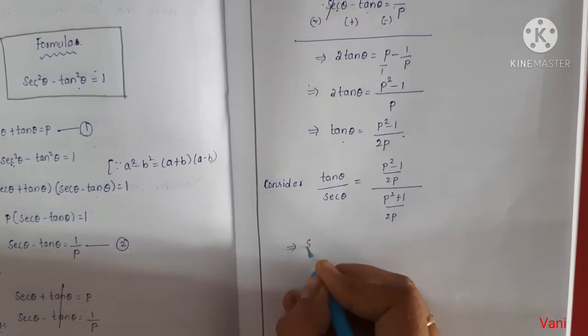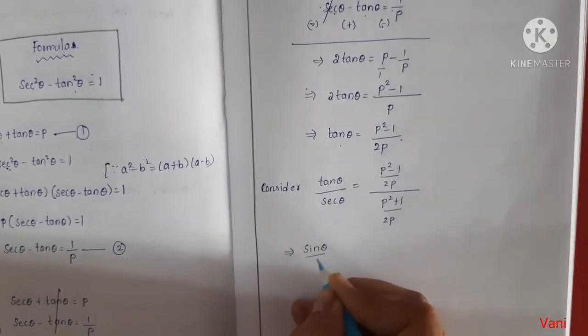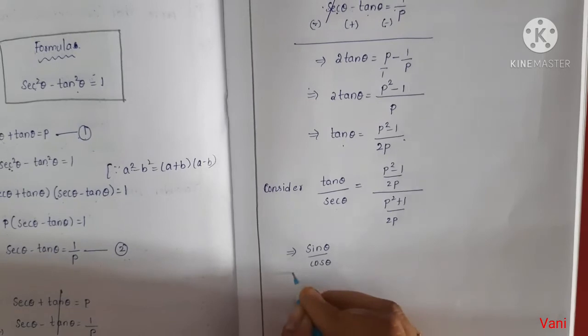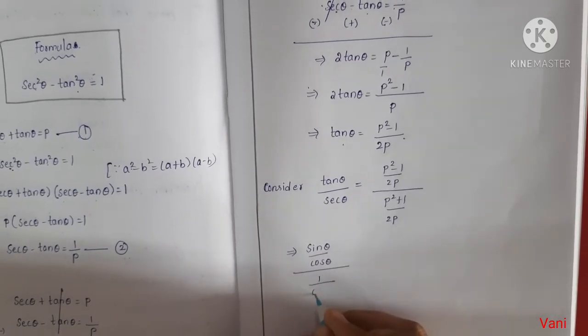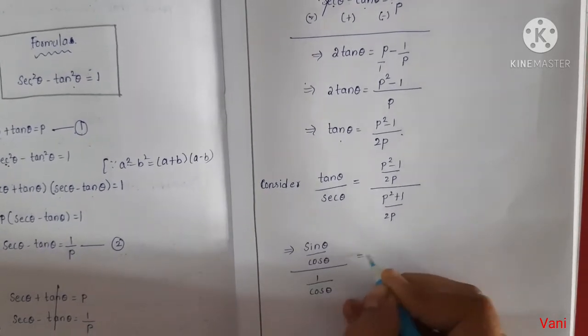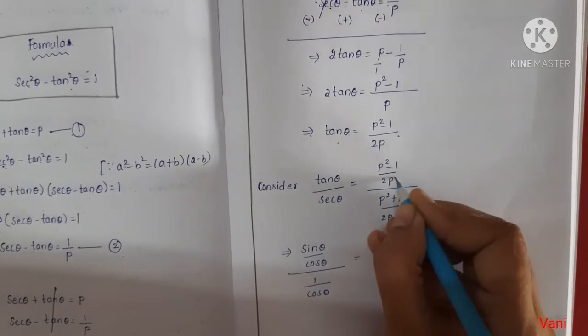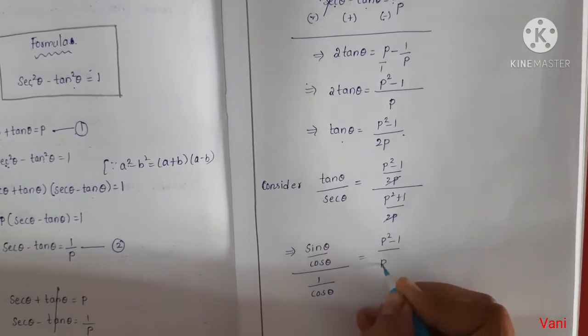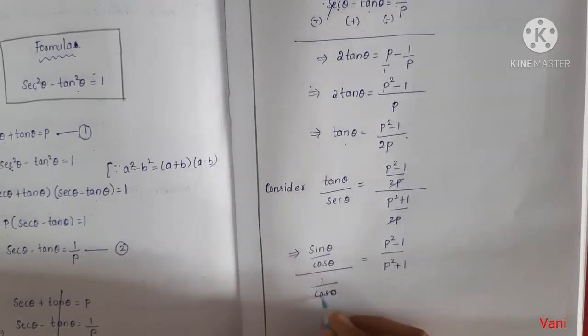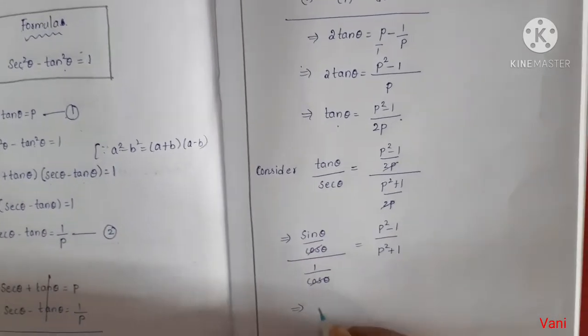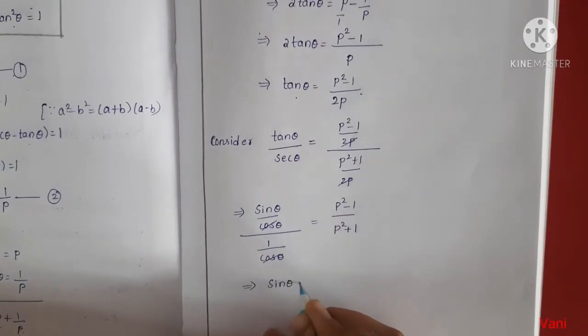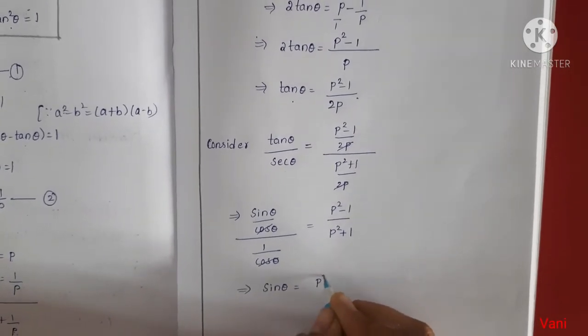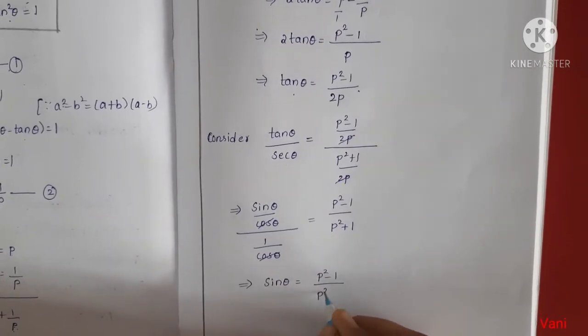Tan theta means sin theta by cos theta, and secant theta means 1 by cos theta, which is equal to, here 2p you can cancel. So you are left with p square minus 1 by p square plus 1. Here cos theta cancels. So sin theta is equal to p square minus 1 by p square plus 1.